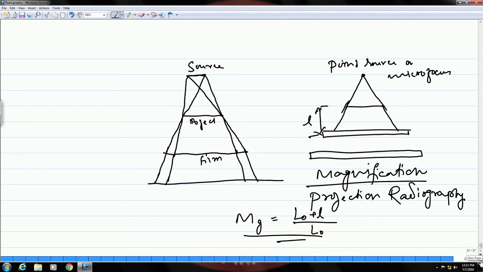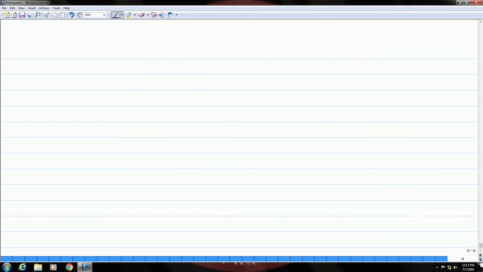The other advantage that you have in case of a point source is what is known as depth of focus. Which means up to what depth can you focus the sample for a single exposure.